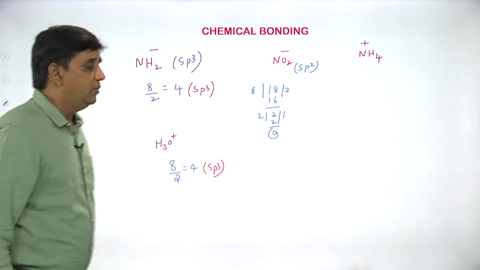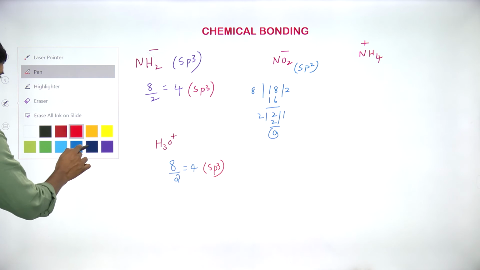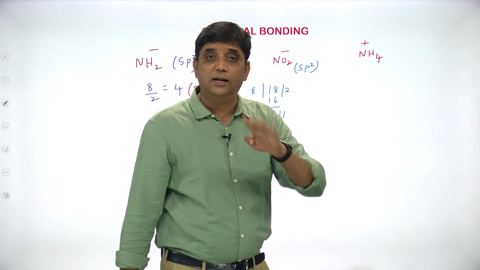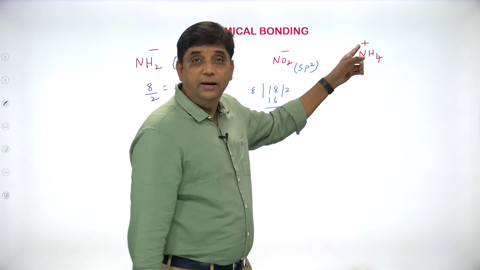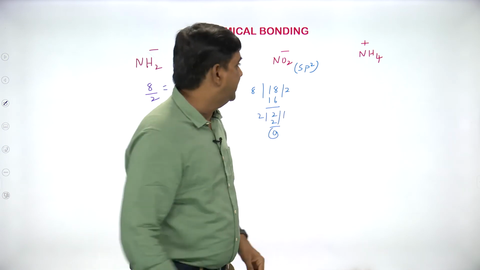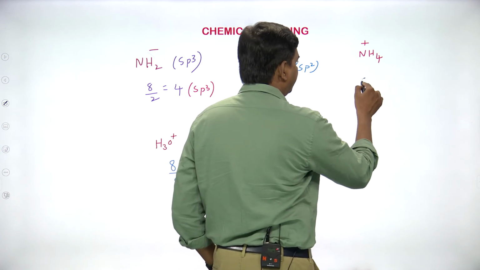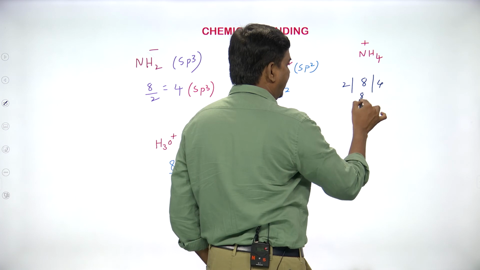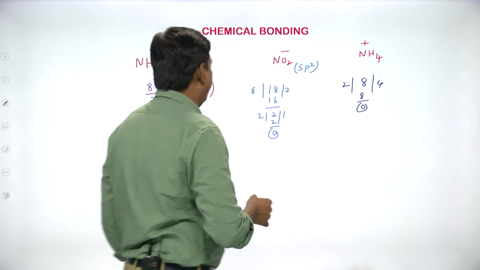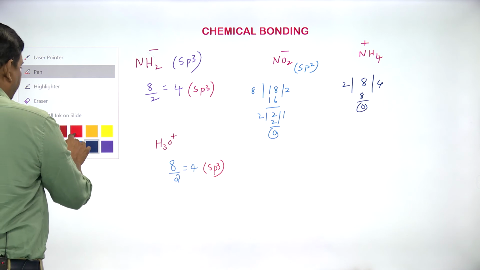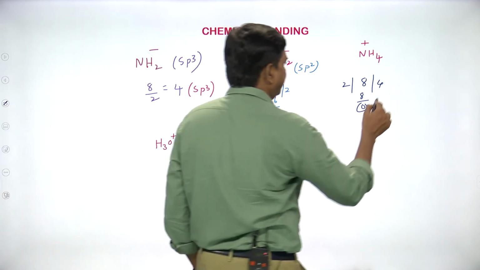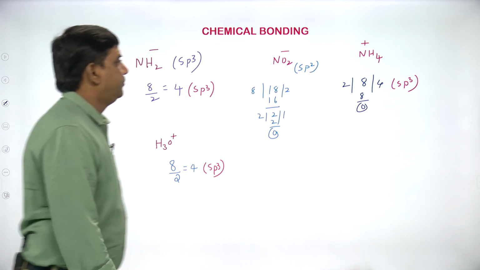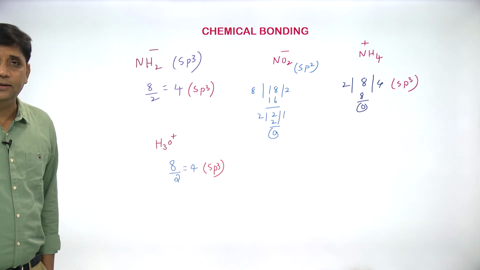How do you calculate now? Nitrogen contains 5 valence electrons plus 4 hydrogens means 4 valence electrons. 5 plus 4, 9. 9 means you have to remove one positive charge. Total 8. 8 should be divided with 4. 2 4s are 8, 0. And the hybridization would be sp3. sp3 hybridization.